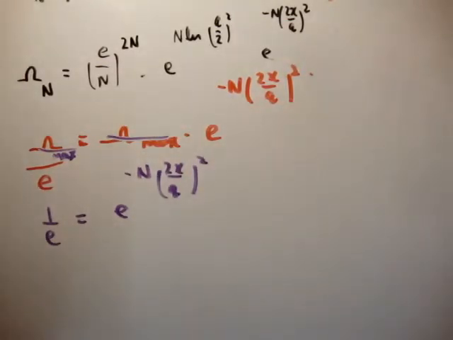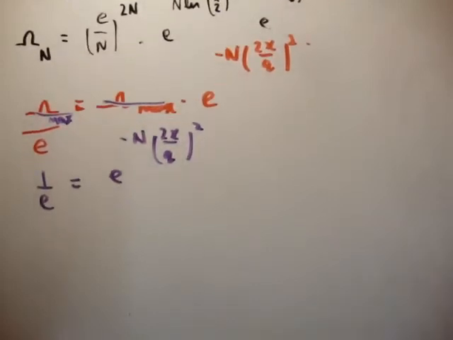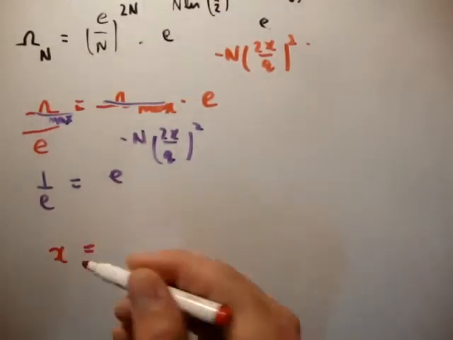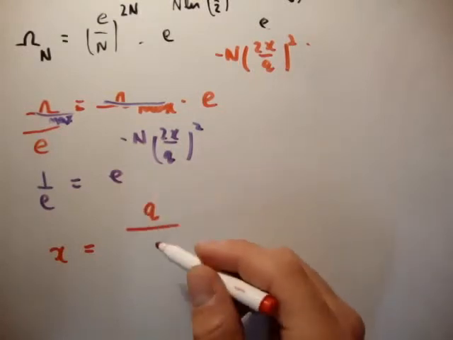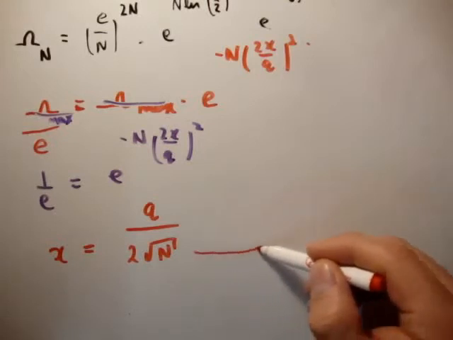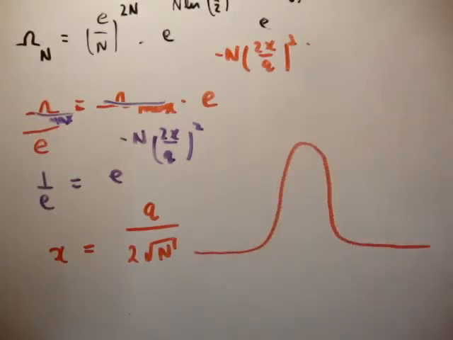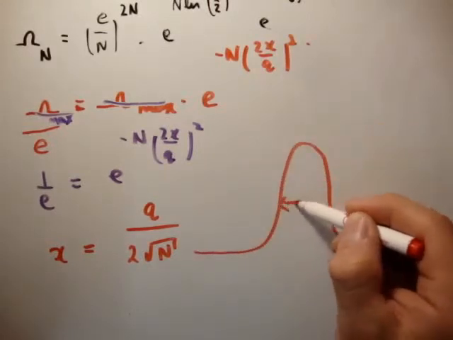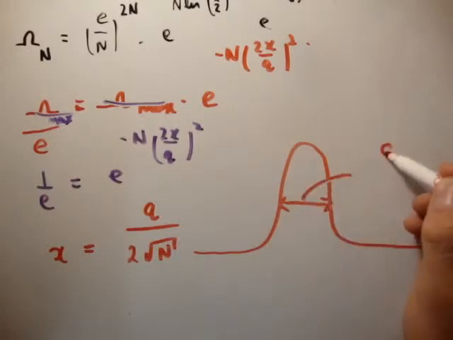Okay, and look, to be honest, I'm not even going to go into the analysis because it's pretty straightforward in terms of logarithms. But what we're going to find is that the value of x for the full width at half maximum is q over 2 root N. So if I draw a really poor Gaussian, that value there is q over twice root N.